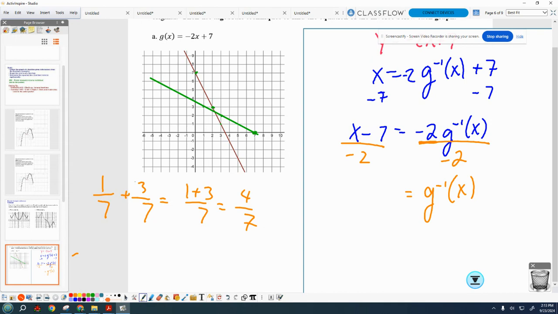Subtracting 7 is the same as adding what? Adding -7. Okay. Dora, can you split this up? So right here, looking at this example, (1 plus 3) over 7 became 1 over 7 plus 3 over 7. How do I split this fraction up over here?